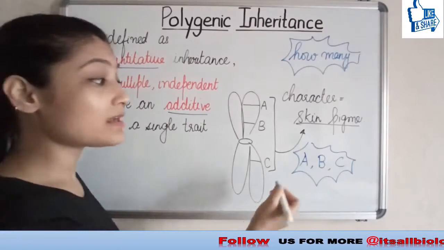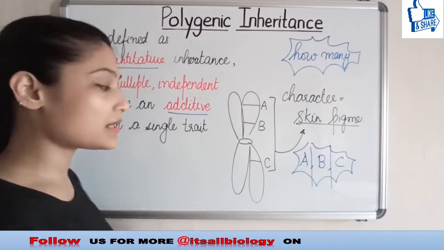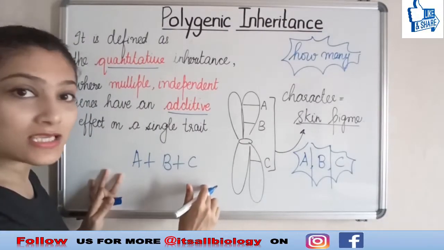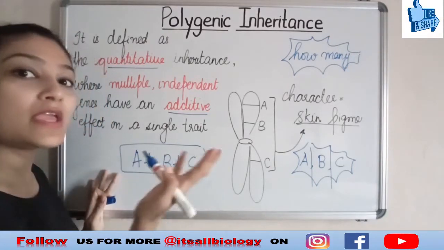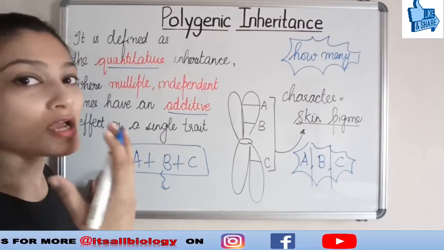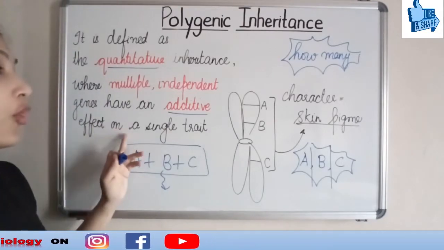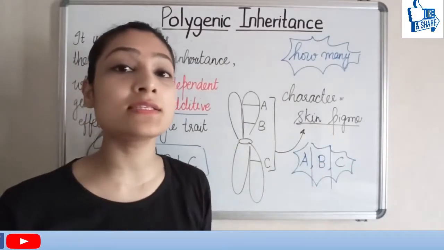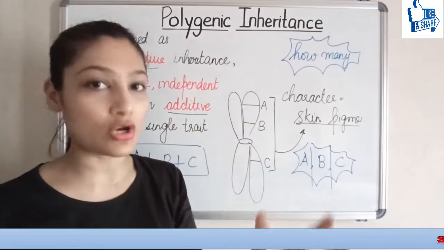Additive means that alone A cannot do anything, B cannot do anything, but when they are present together, A, B and C, they are going to give some effect, or I can say some expression for a character. So they are going to give an additive effect on a single trait. The trait that we are talking about here is the skin pigmentation. So this is the definition of polygenic inheritance.